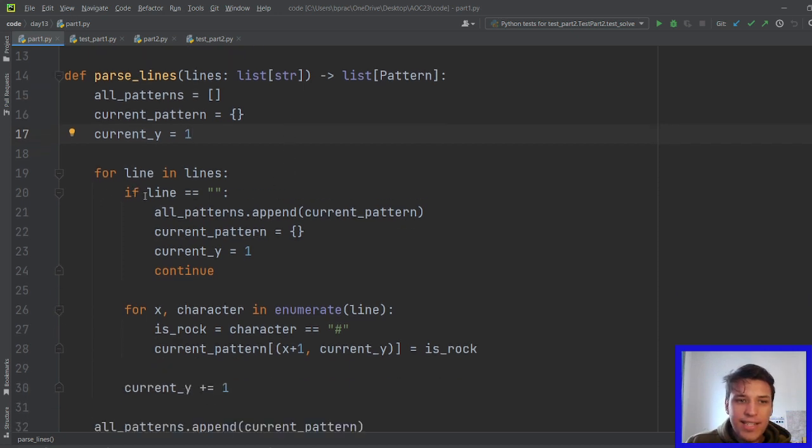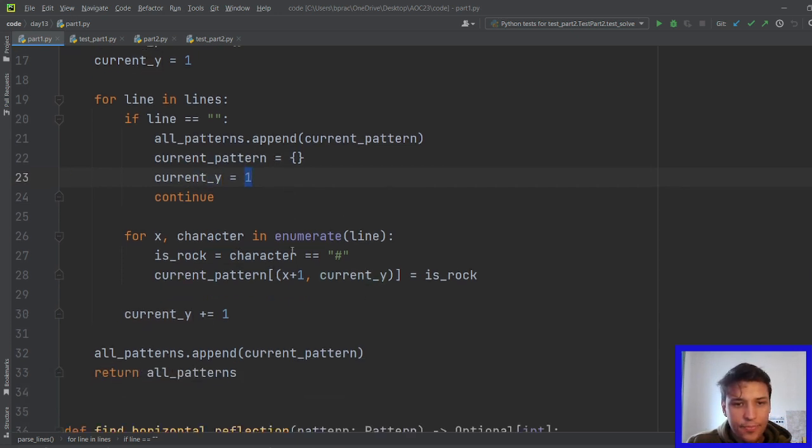So then we go through all the lines. If the line is empty, that means our previous pattern just stopped and there's a new pattern starting. So we append the current pattern to the list of all patterns, and then we start a new pattern. So we set the current pattern again to the empty dictionary and the current y-coordinate again to 1.